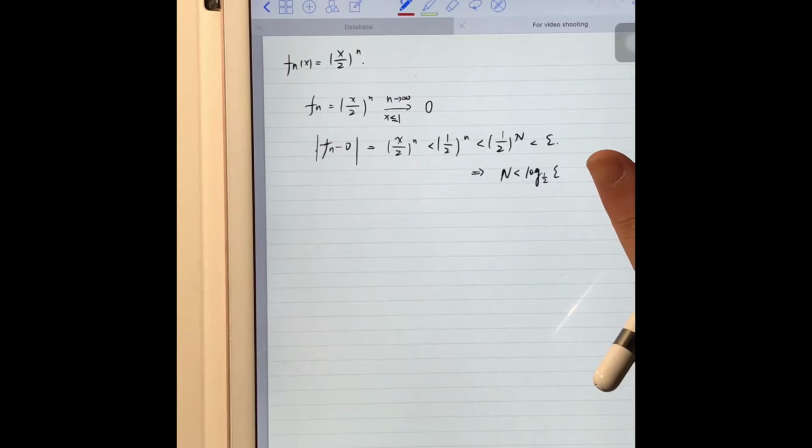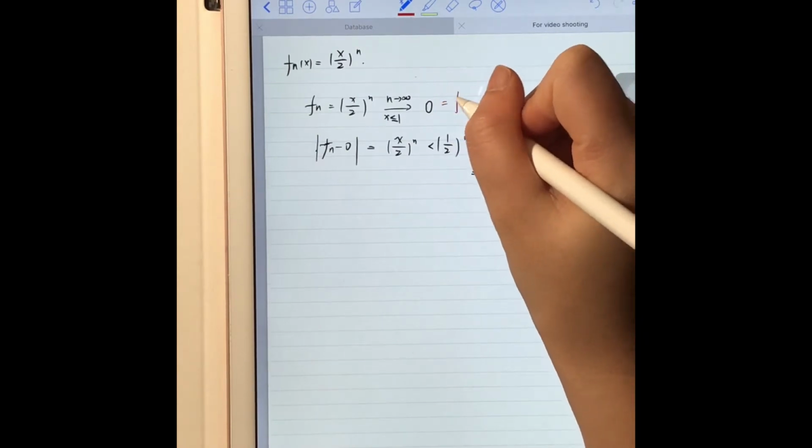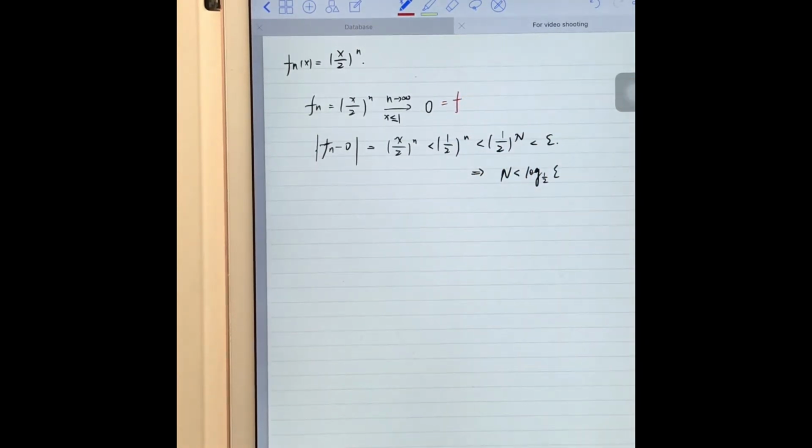But first let's look at another example. f_n(x) equals x over 2 to the power of n. I don't think we need to draw pictures or graphs of the functions, because you can easily see that the sequence of functions converges to the 0 function.